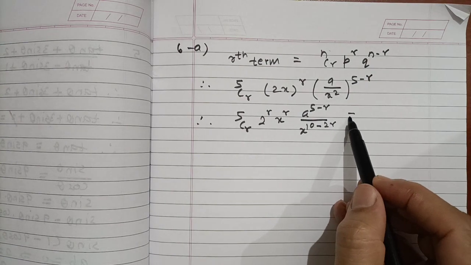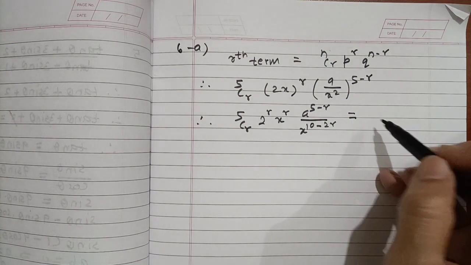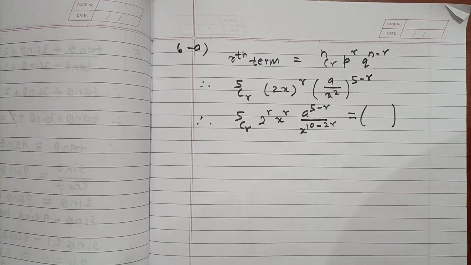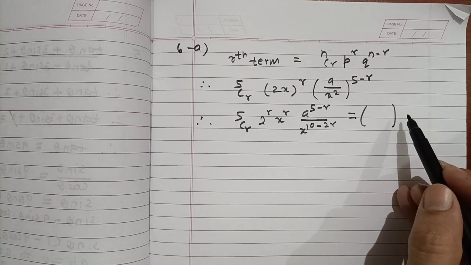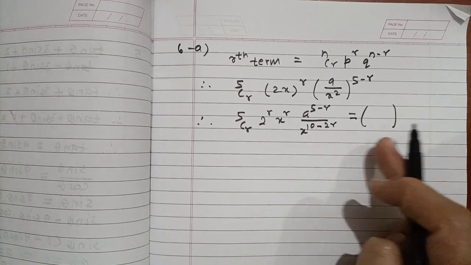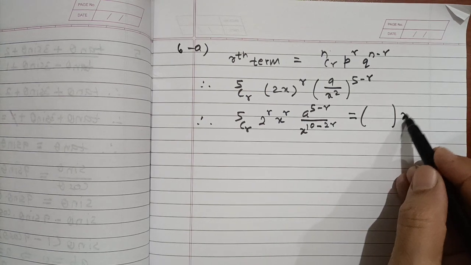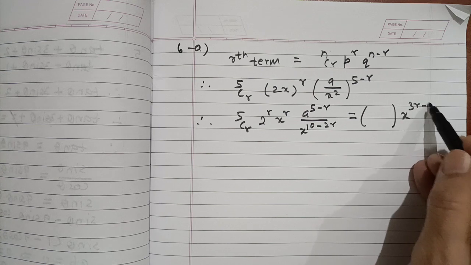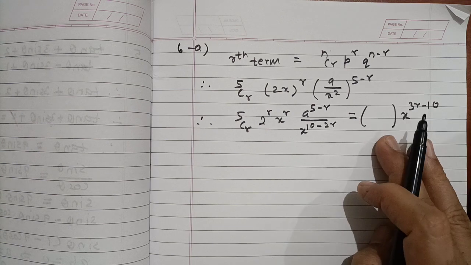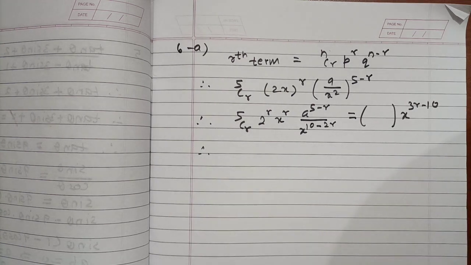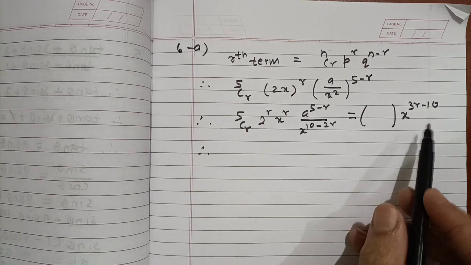is equal to some number into x to the power 3r minus 10. Now 3r minus 10, which is equal to this part, since we want to find the coefficient of 1 by x in this expansion.